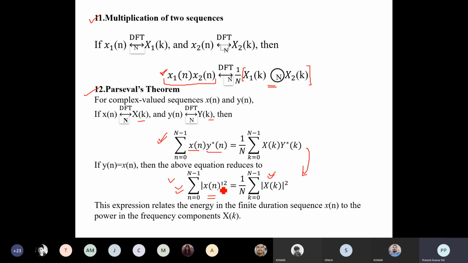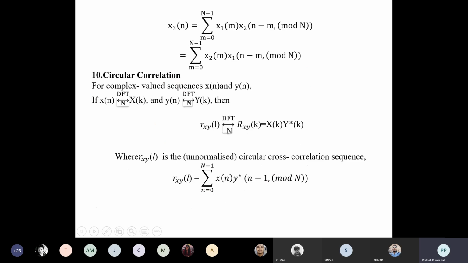So this is the relation between the energy of a sequence in the time domain and the power in the frequency domain. This theorem is basically called Parseval's theorem. You might have studied Parseval's theorem in some other courses also. So that has a relation with respect to DFT. So these are the different properties.